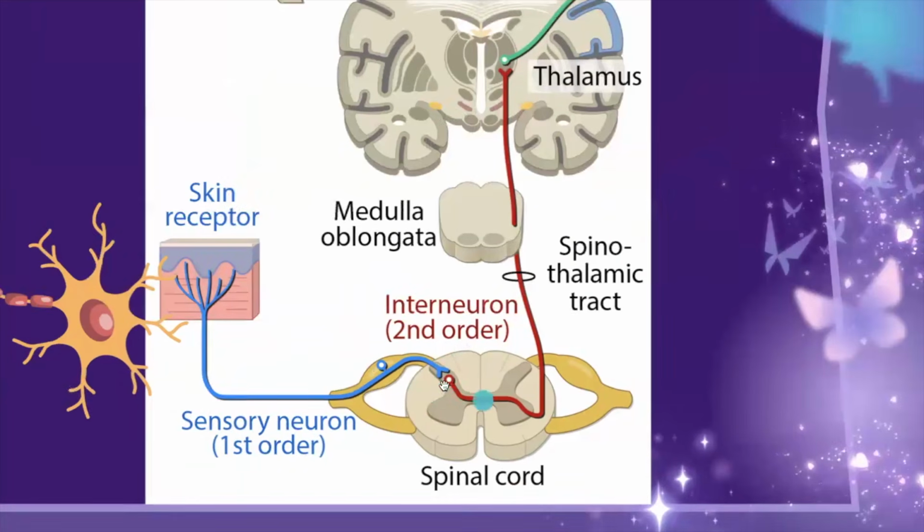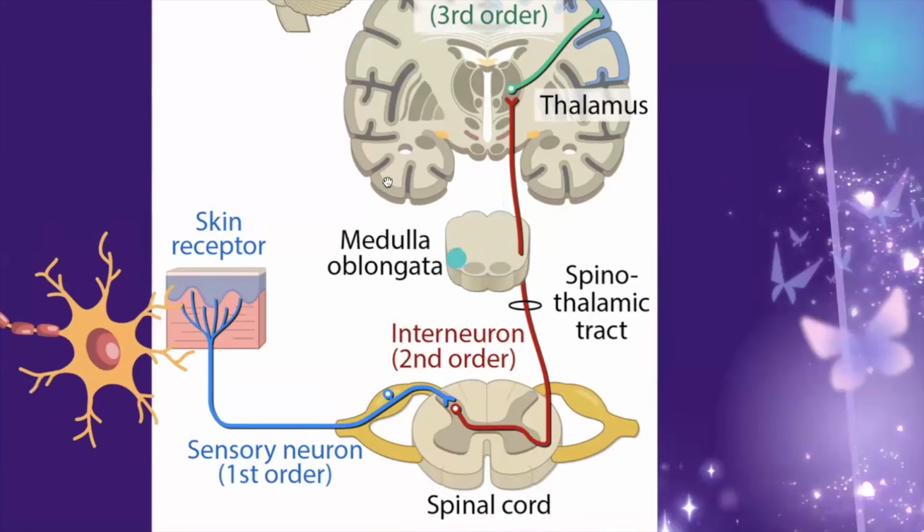Now, the axons of the second order neuron would cross the midline at the level of the spinal cord. So the crossing here happens at the level of the spinal cord, whereas over here in the medial lemniscal tract, it happened at the level of the medulla. Here it happens at the level of the spinal cord.